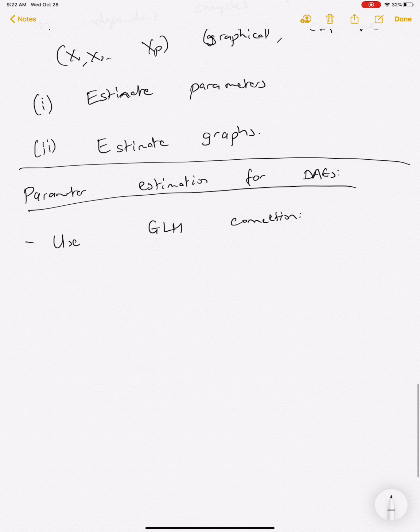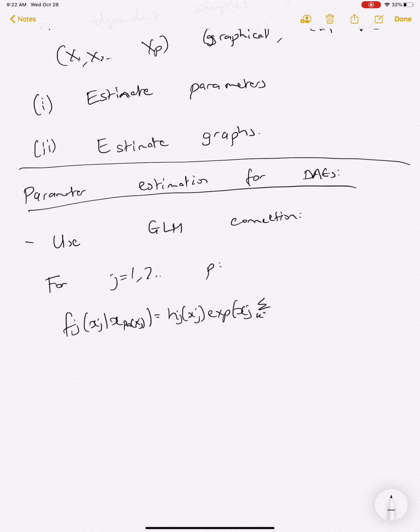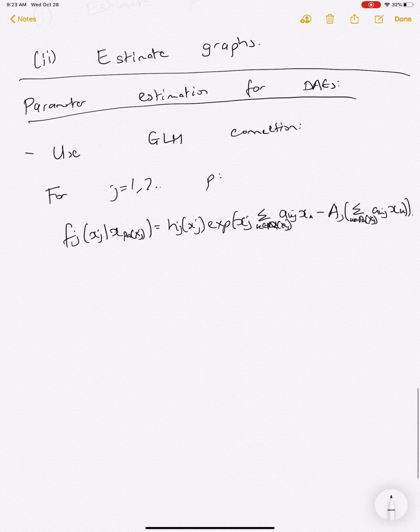So we know that for j equals 1 to p, we know that the conditional, okay, and so we solve p GLMs to estimate parameters AKJ.